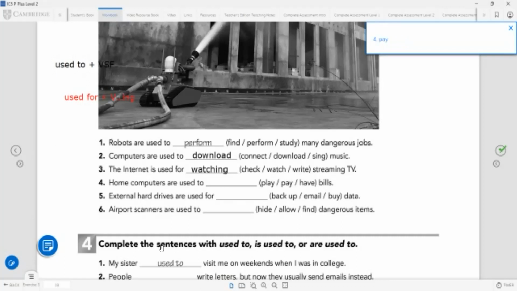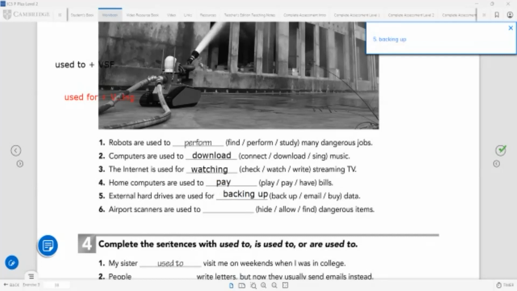Number 4 is, home computers are used to pay bills. Then we have external hard drives are used for, in this case, one more time in the gerund, used for backing up data.